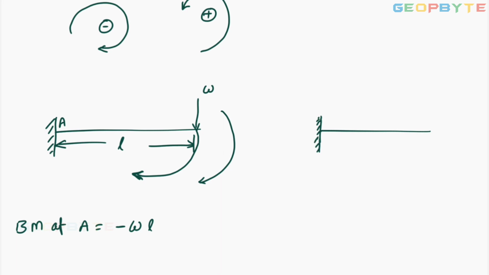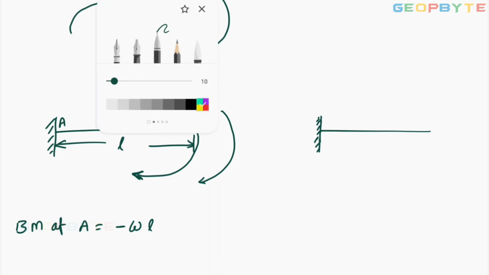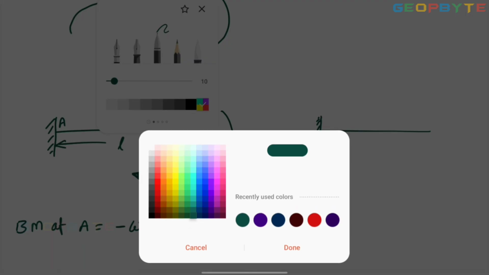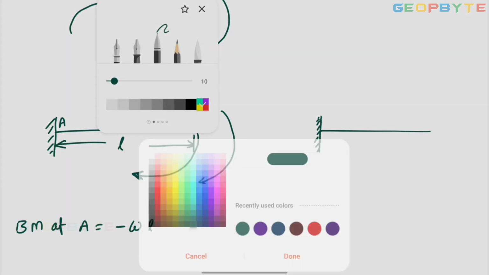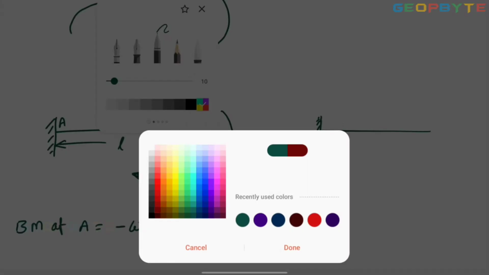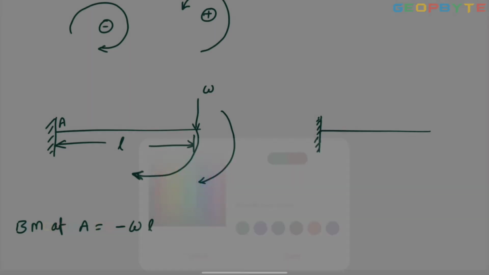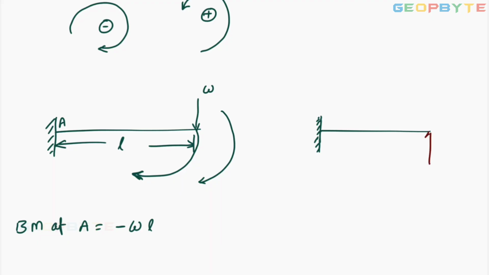But for the same beam, the load may be acting at this location. W load is at a distance of L from the fixture. Then what is the bending moment at A? This W is trying to create an anti-clockwise moment.